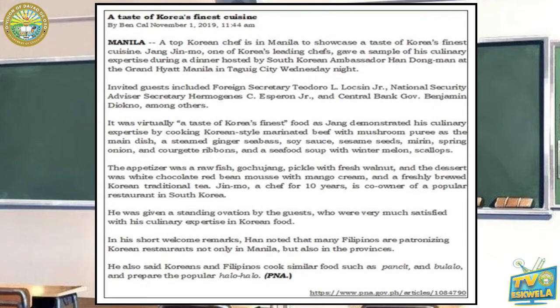A Taste of Korea's Finest Cuisine by Ben Kal. Manila. A top Korean chef is in Manila to showcase a taste of Korea's finest cuisine. Jang Jin-mo, one of Korea's leading chefs, gave a sample of his culinary expertise during a dinner hosted by South Korean Ambassador Han Dong-man at the Grand Hyatt Manila in Taguig City, Wednesday night.